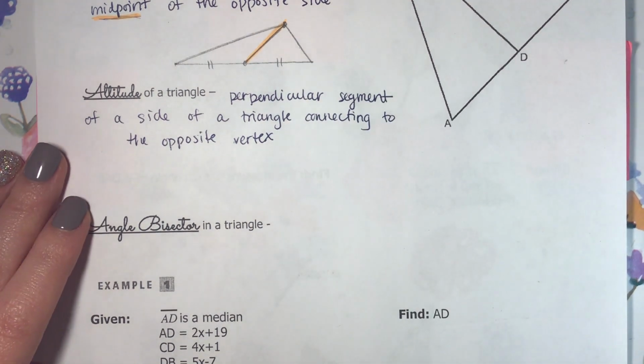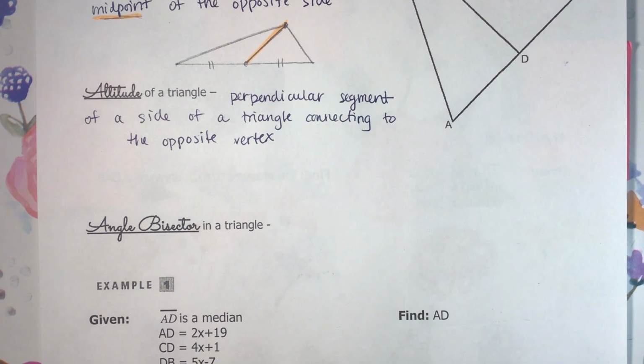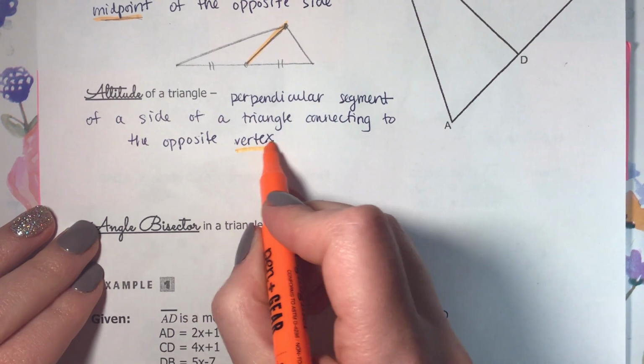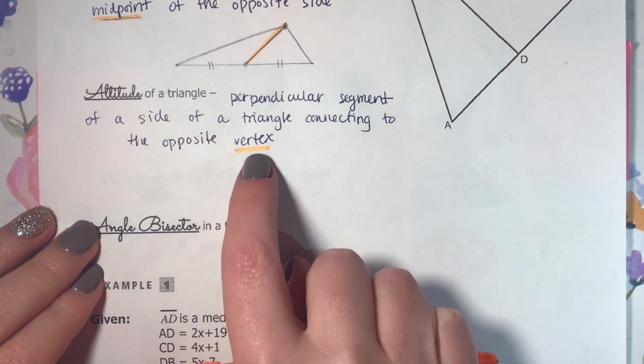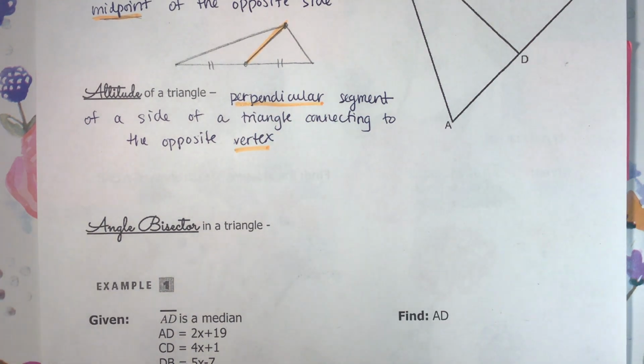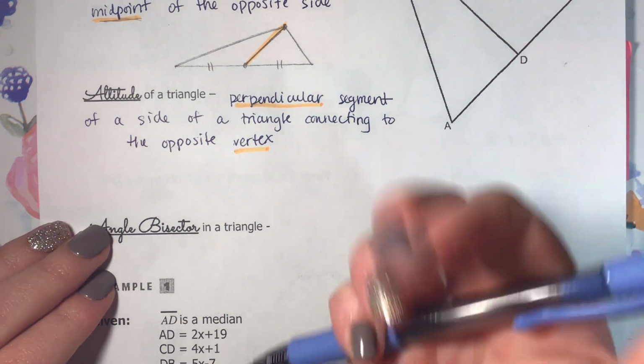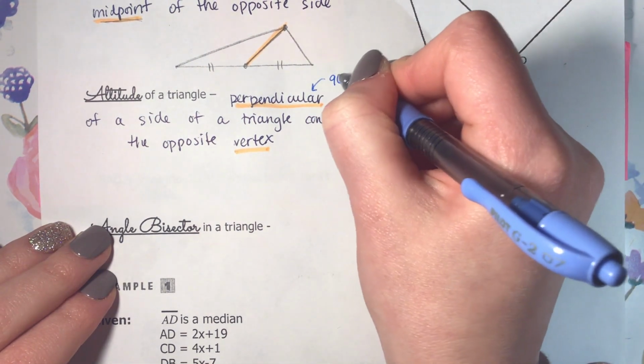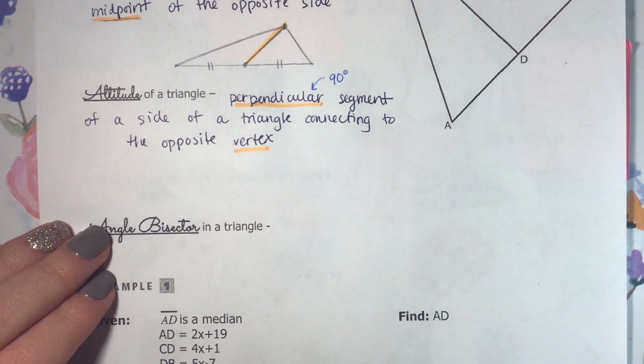So once again, it's going through a vertex, but now instead of it going through the middle of the side, it needs to be perpendicular to the side. Now, if you don't remember what perpendicular means, that means 90 degrees. So I'm just going to mark that as 90 degrees just to remind you.